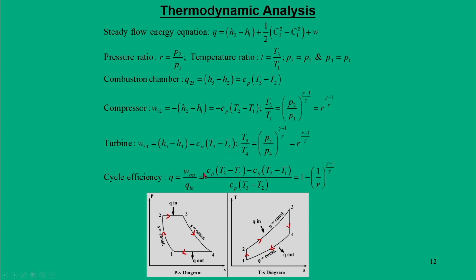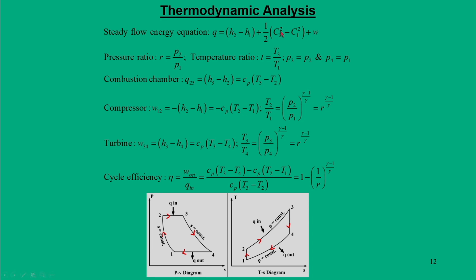So, you start the thermodynamic analysis with our understanding of the steady flow energy equation, which is Q equal to H2 minus H1. That means, when the system goes from state 1 to state 2, the first law equation can be used for an open flow system, and here we say that there is no change in the potential energy.